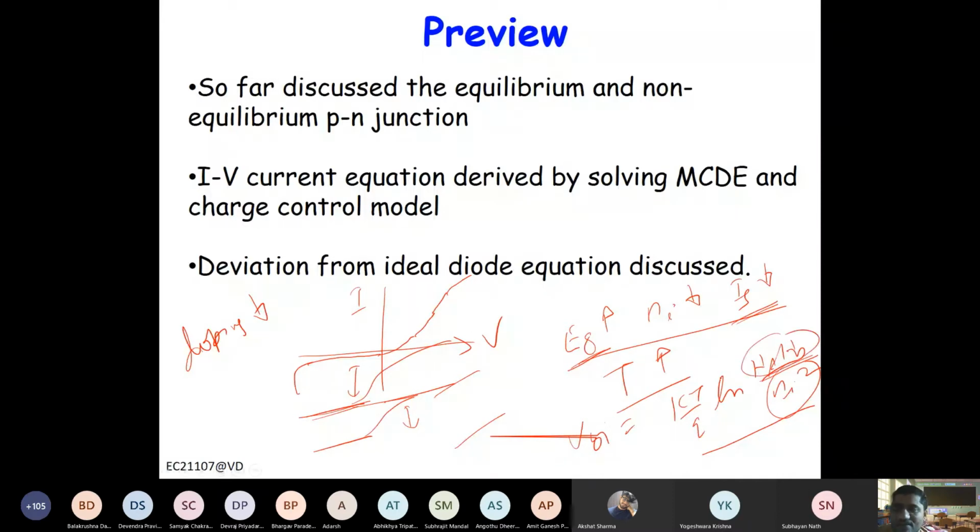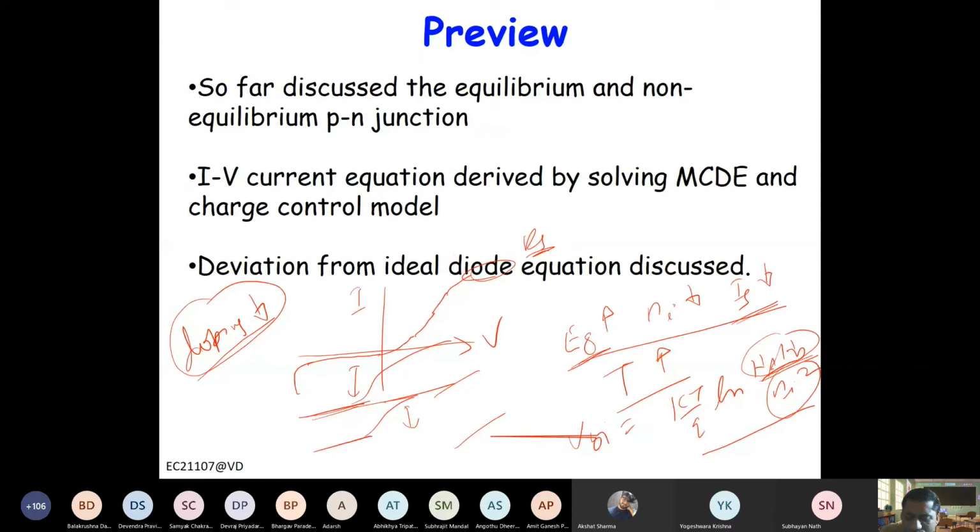And what about the series resistance that we saw here? It will also decrease, right? Now this plays a role in case of breakdown, right? When there is a breakdown.